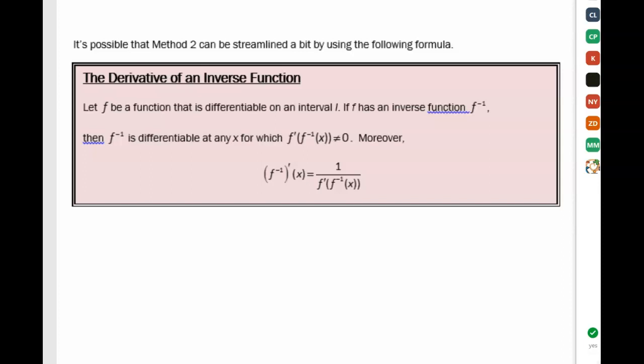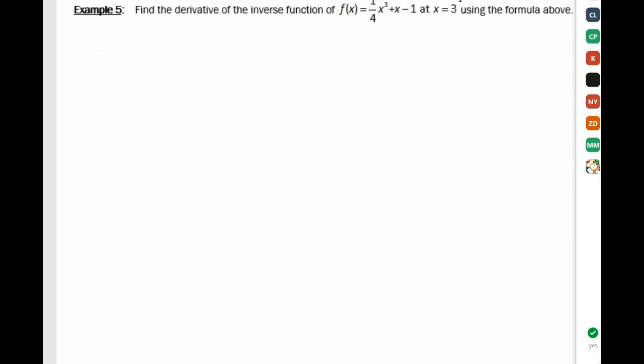Okay, I don't think you have to copy anything down, right? No, I copy and pasted that for you. So then the next one is find the inverse using that formula above.